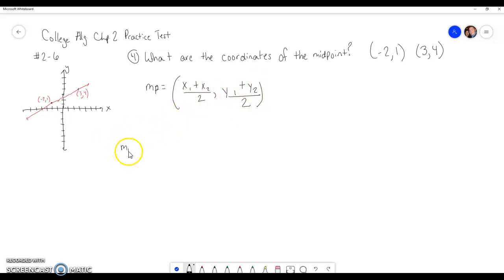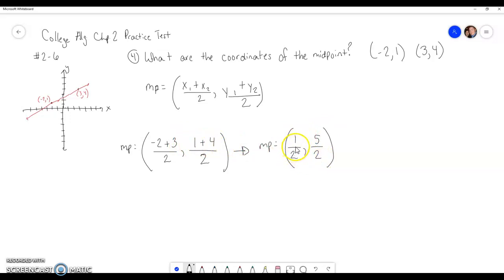So my midpoint is equal to my x1 is -2 plus my x2 is 3 over 2, and y1 is 1, and y2 is 4 over 2, so that my midpoint is the point -2 plus 3 is 1 over 2, and 1 plus 4 is 5 over 2. So my midpoint is the point 1/2 and 5/2.